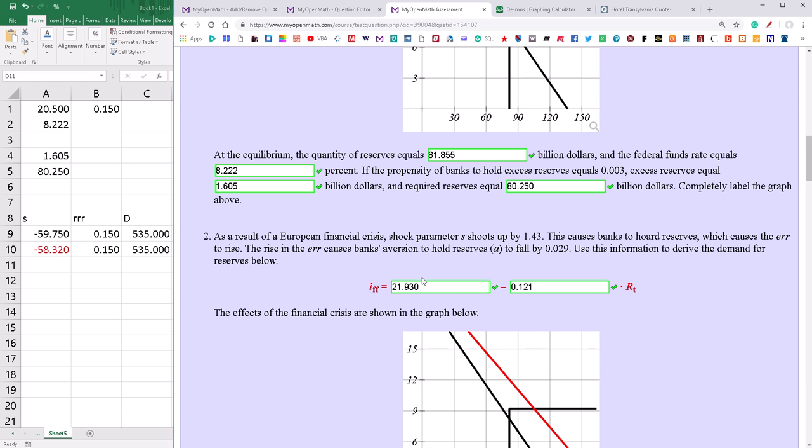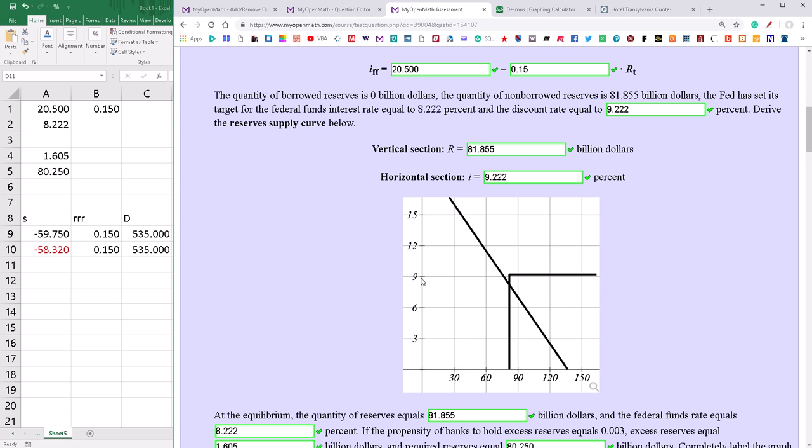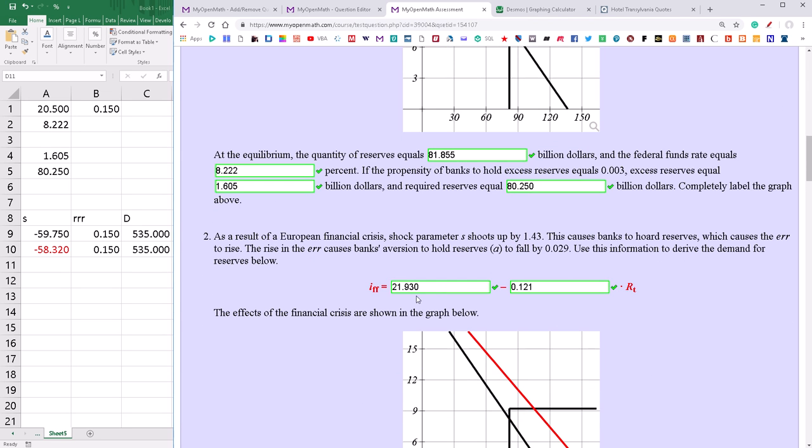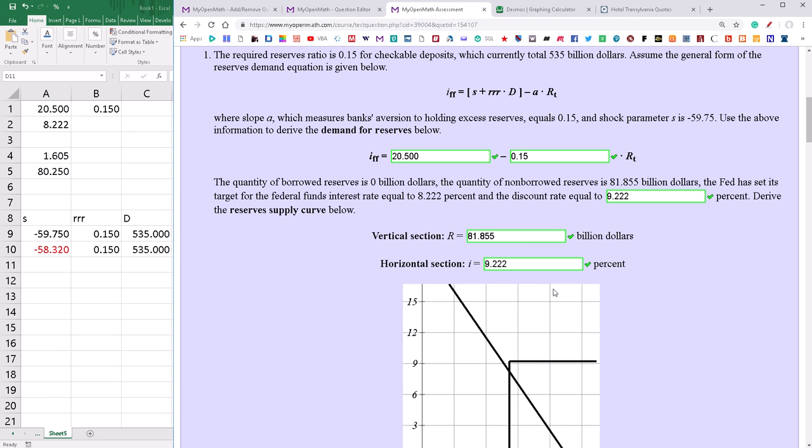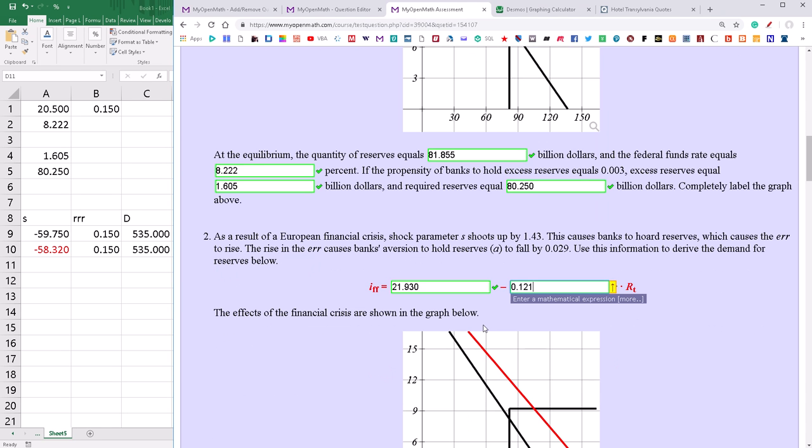The intercept for the red line is up here somewhere, right? It's greater than what it was. But then the slope has gotten closer to 0, right? It was 0.15. Now it's 0.121. So the demand curve's gotten flatter.